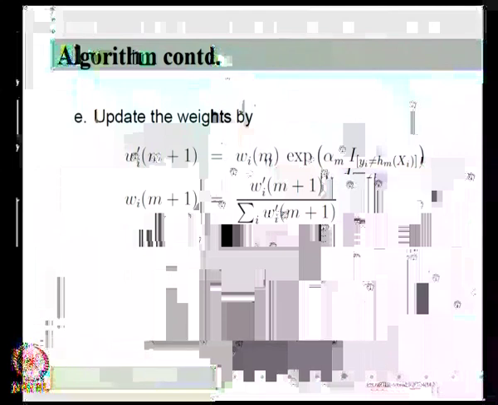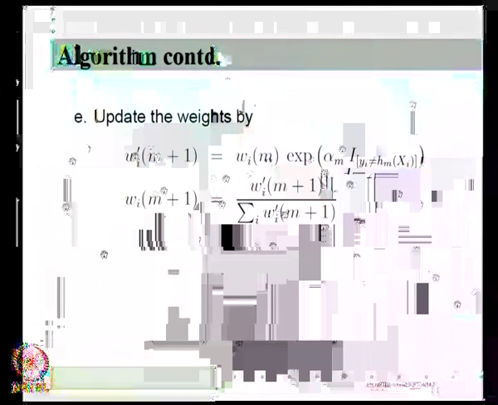I of a is 1 if the event a is true, 0 if false. So I of yi not equal to hm(xi) is 1 if yi is not equal to hm(xi), and 0 if yi is equal to hm(xi). Okay. So that is how Wi' m+1 is calculated, and then I normalize the Wi' to get the weights at the next iteration.